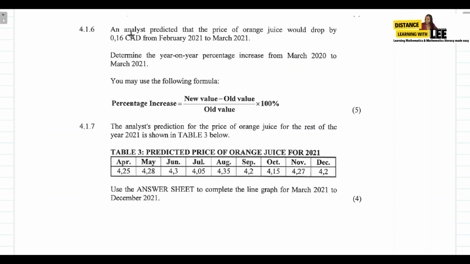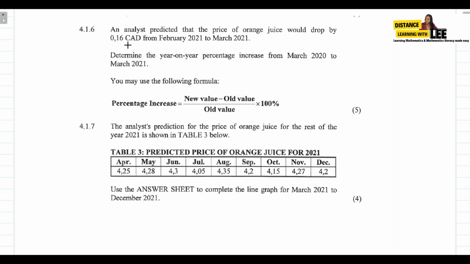4.1.6. An analyst predicted that the price of the orange juice would drop by 0.16 Canadian dollars from February 2021 to March 2021. Determine the year-on-year percentage increase from March 2020 to March 2021.